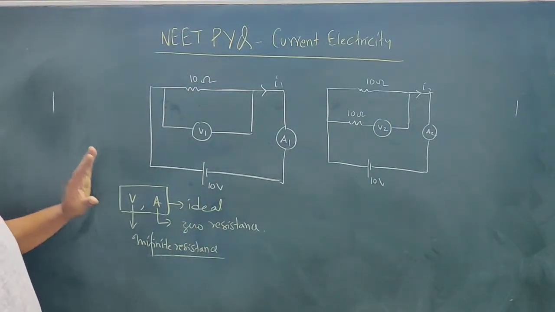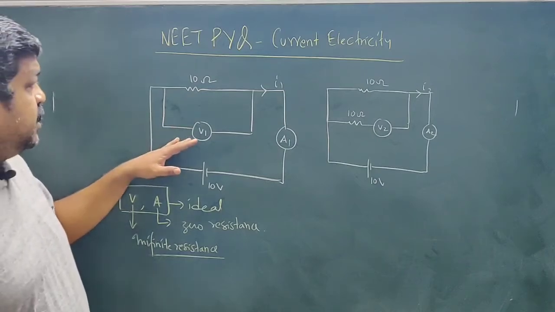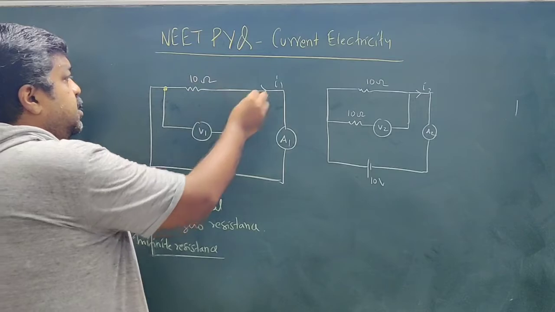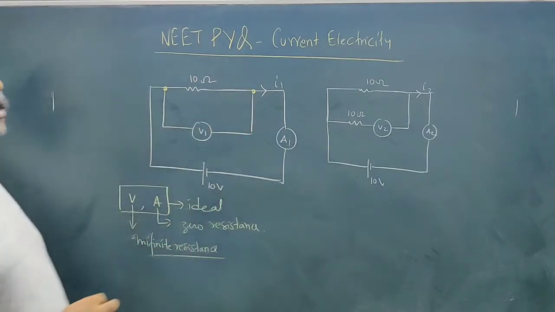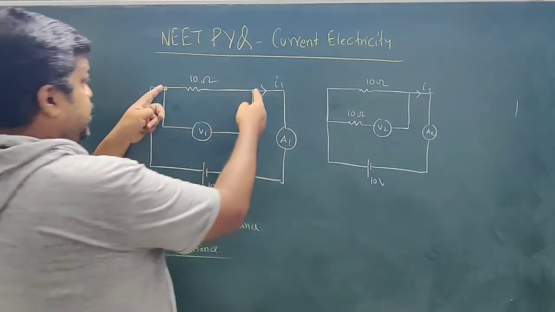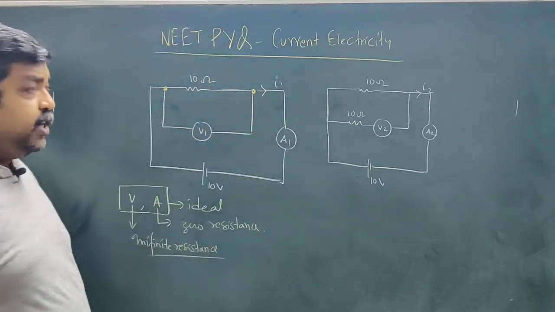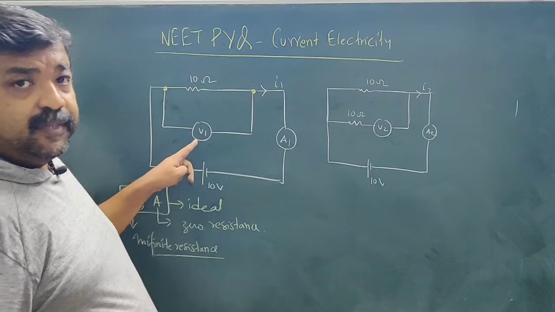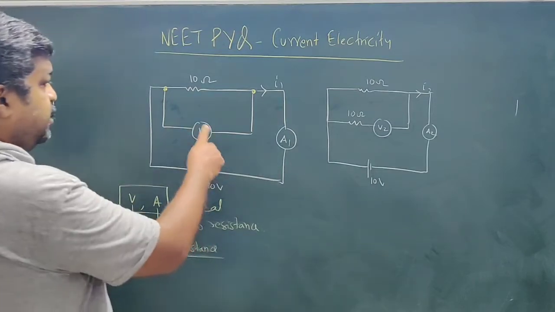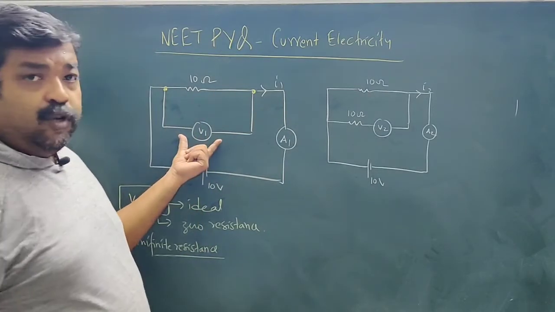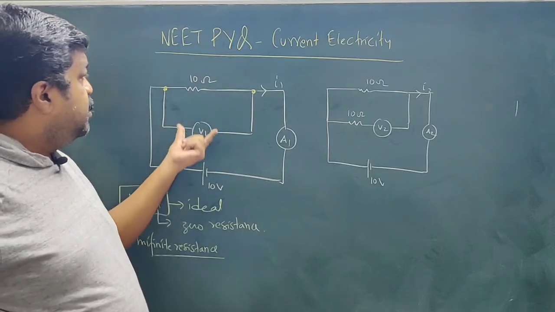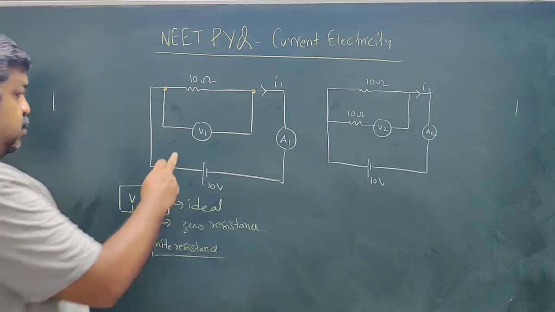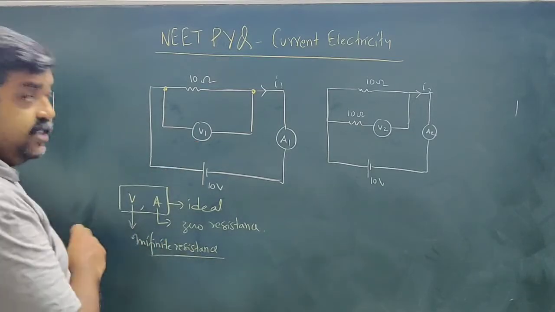Now if you use this concept and see this circuit, this voltmeter is going to measure the potential difference across this 10 ohm resistor. The voltmeter has infinite resistance.